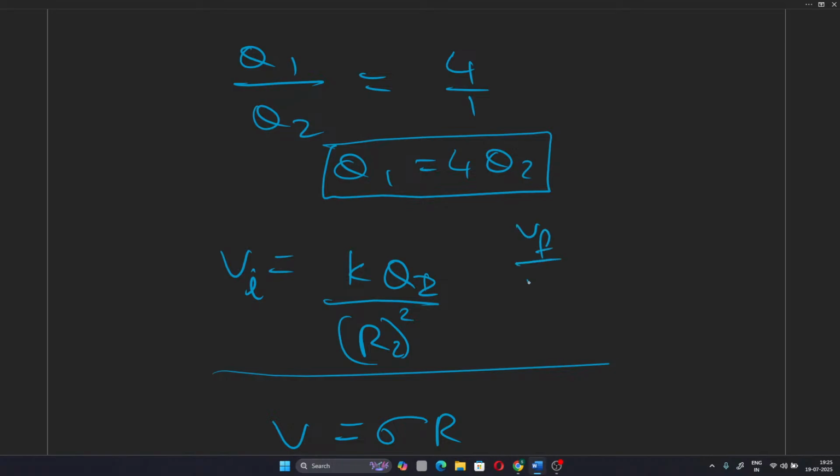So V final by V initial equals k 4q1 by 2r over kq by r.